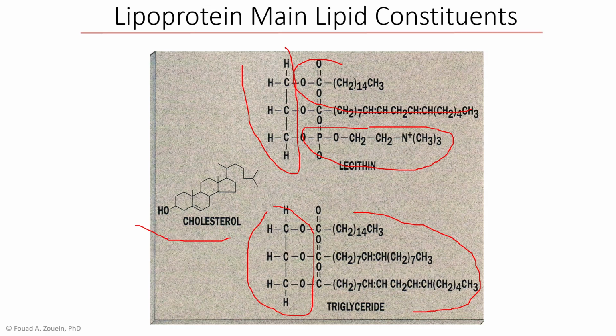The phospho group is very important in lipoprotein because it gives it the hydrophilic aspects, allowing it to circulate freely in blood. Later in other slides, we're going to go into more detail about the structure of lipoproteins, the different types of lipoproteins, and how they are metabolized.